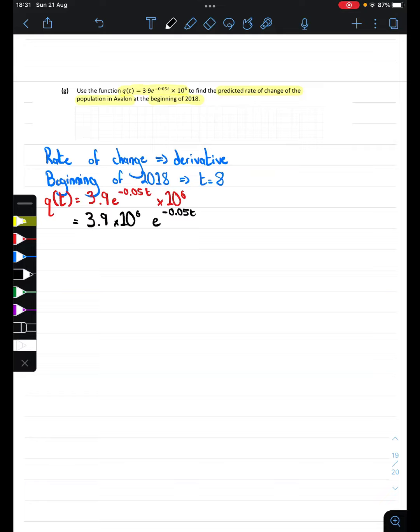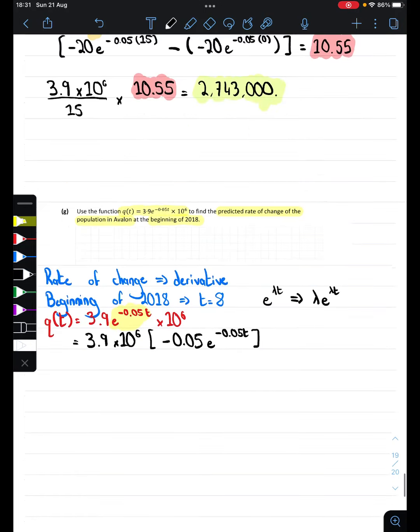And the derivative of this is, well, bring down the constant, minus 0.05, and then this just stays the same. So if we remember our formula, the derivative of e to the lambda t, some constant by t, is just lambda e to the lambda t.